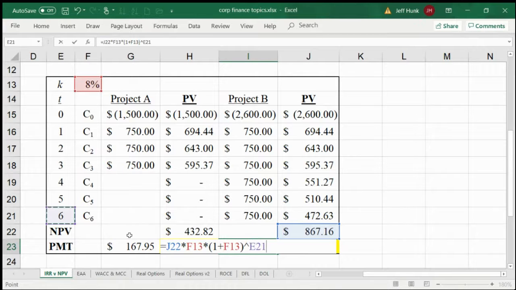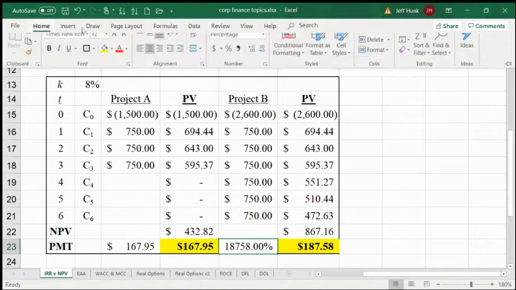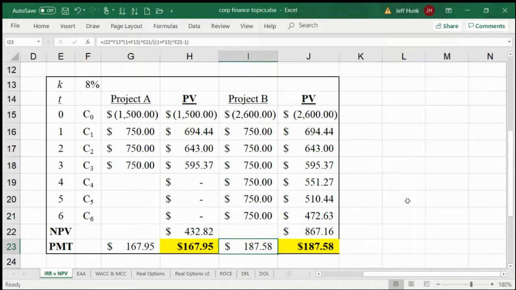Which is in this case 6 over the parenthesis, open another one, 1 plus r to the n minus 1. Okay, and of course, if you change that to dollars, it was already, what was put in there was percent. You got the same result.